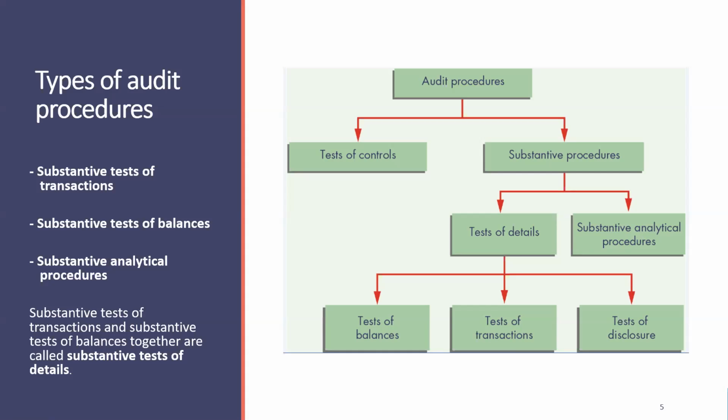Also, at the financial statement level, auditors need to check whether or not the financial statements are presented well. That actually means they need to check that all the necessary parts required by the laws or the standards are included in the financial statement or not.